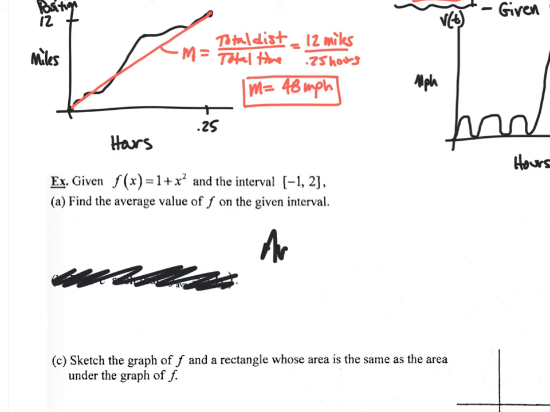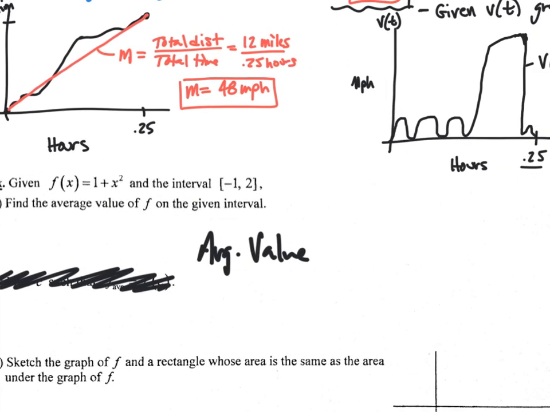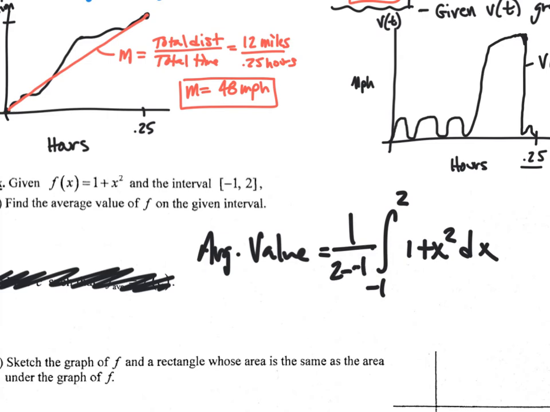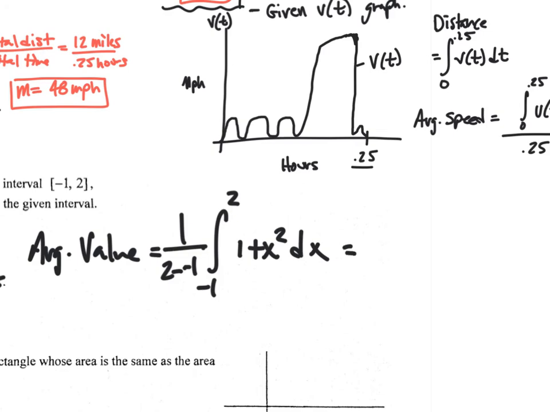If I wanted to find the average value of my function f over this interval, then we could take the integral from -1 to 2 of 1 plus x squared dx and multiply it by 1 over 2 minus -1, okay? So really this is just 1/3 times the integral from -1 to 2 of 1 plus x squared dx. And that's just the basis of what I'm trying to do.